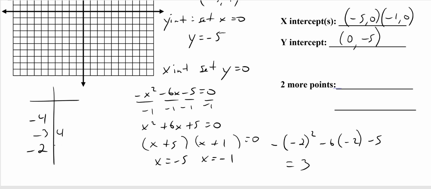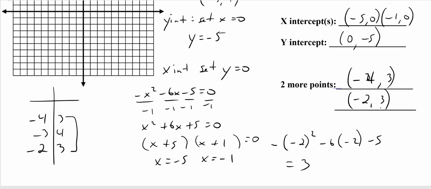So this one is 3. That means this one's 3. It's the same distance away from the vertex, negative 3 comma 4. And it's symmetrical, so they're both 3. Okay? So let me write that in there. Negative 4 comma 3 and negative 2 comma 3.